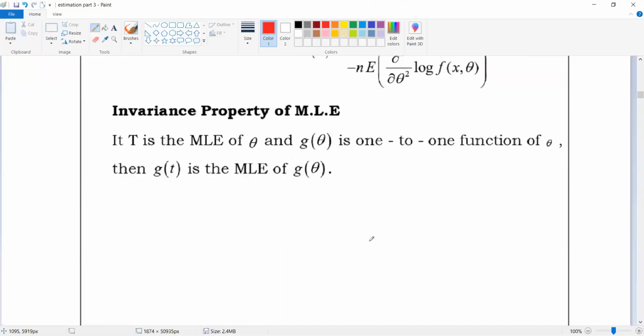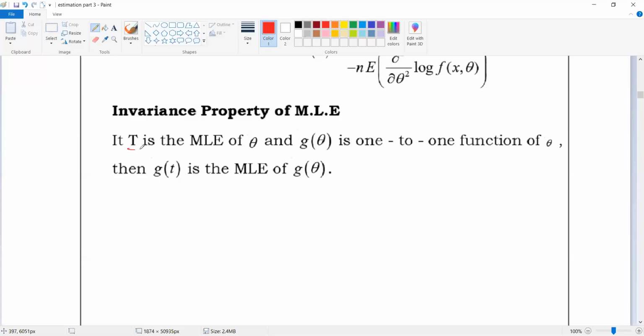Remember this point: the invariance property of the MLE is very important. The invariance property of consistency was already explained in the last video. Invariance is a very powerful property. Consistency and sufficiency have the invariance property. Similarly, the MLE also has the invariance property.